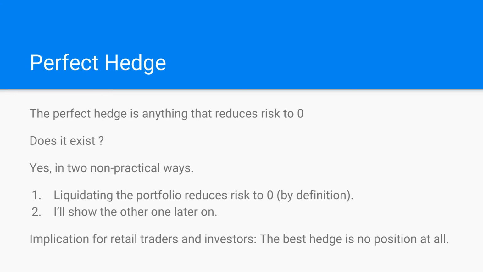If you are concerned about a future drawdown, like a wave down, if we use the lingo of Elliott wave trading, then just liquidate your portfolio, and after the fall, come back into it. That's the perfect hedge. You will not lose a single dime.